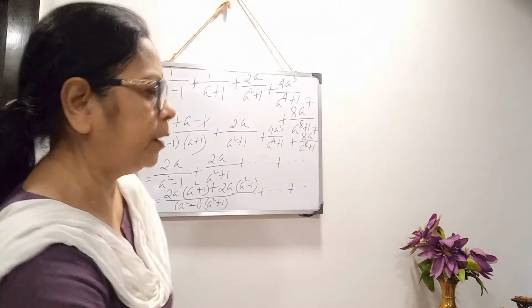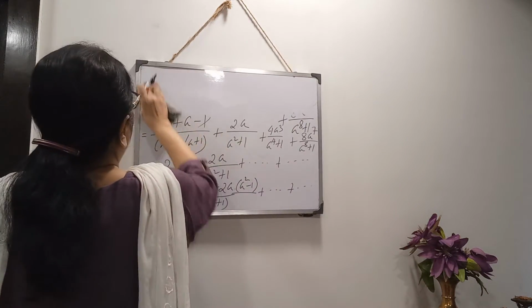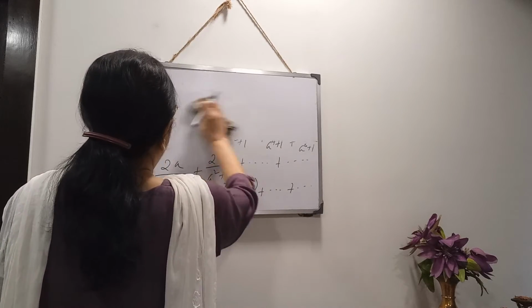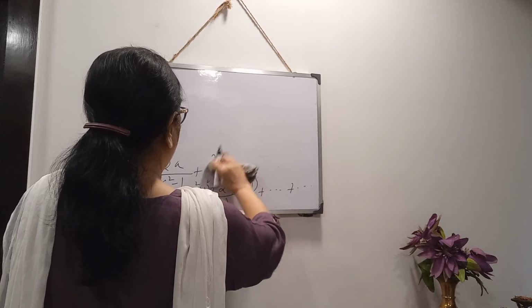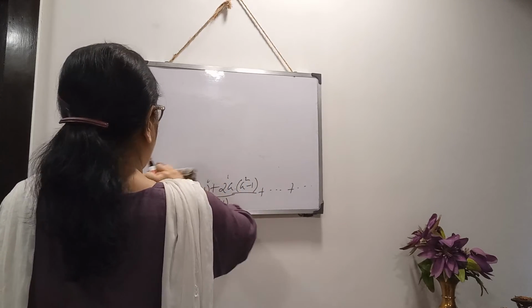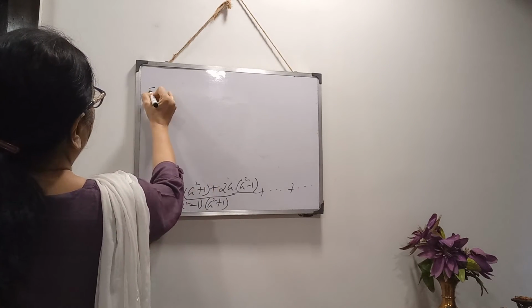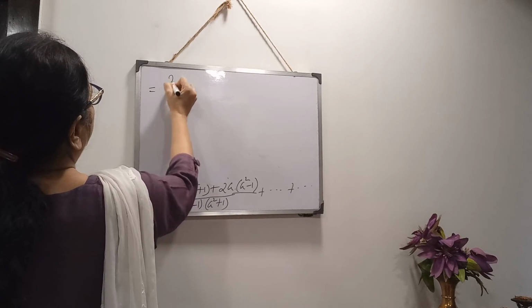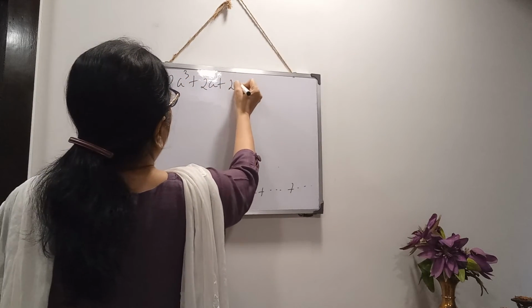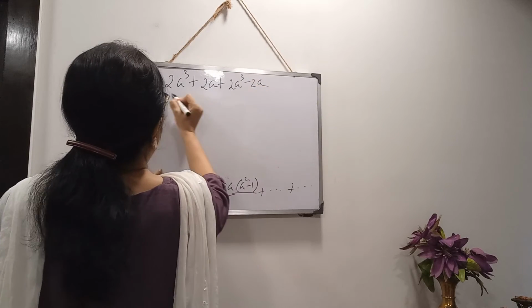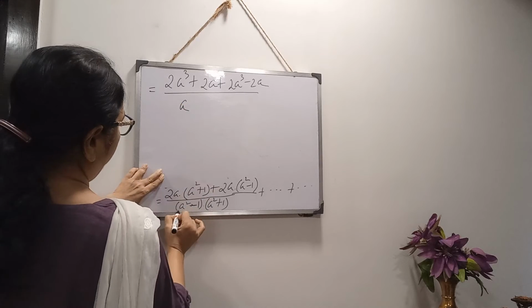Okay. Then I have this. Now multiply. 2a into a square means 2a cube plus 2a plus 2a cube minus 2a, and denominator by formula a square minus b square. So square is already there.